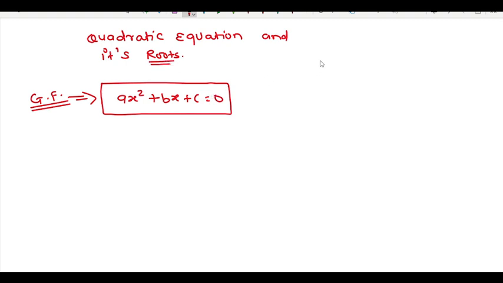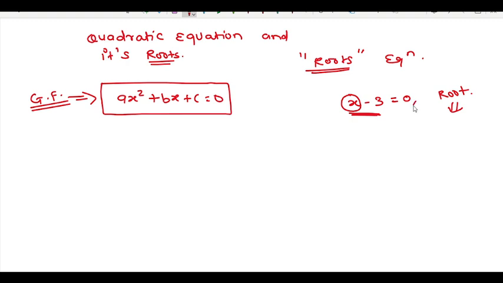First we will see what the roots are. What is a root? The definition of roots of any equation. Suppose I have the equation x minus 3 is equal to 0. Now we have to find what is the root of this equation. The definition of root is: for what value of x will this expression give you 0.